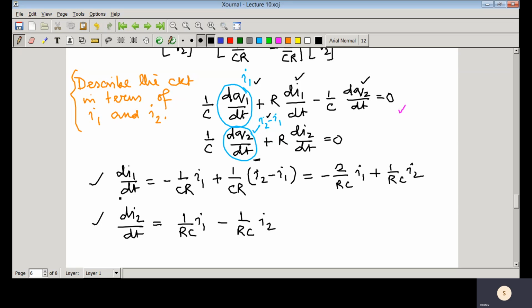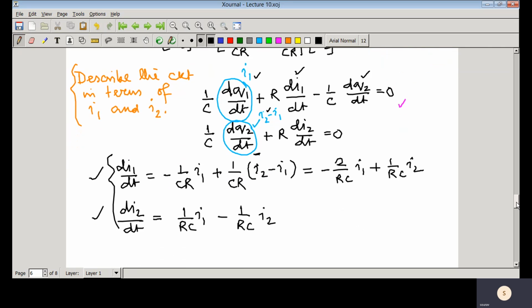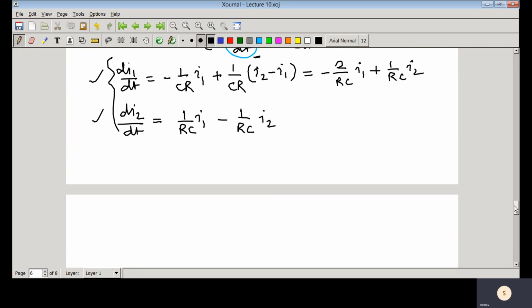So you now have two differential equations in terms of I1 and I2. Now we can easily represent these two differential equations in matrix form.